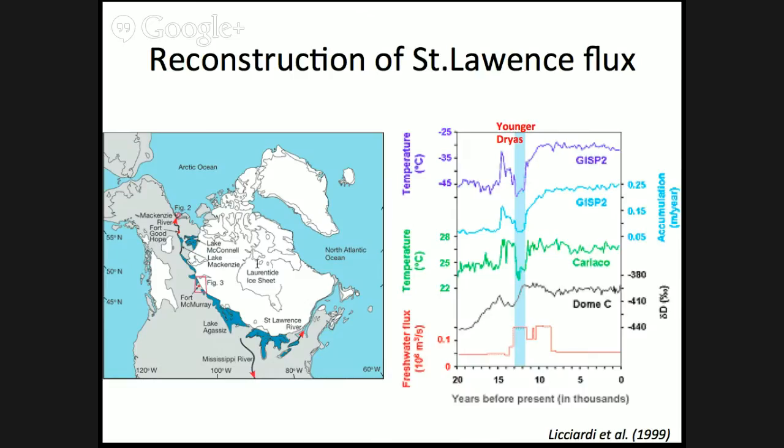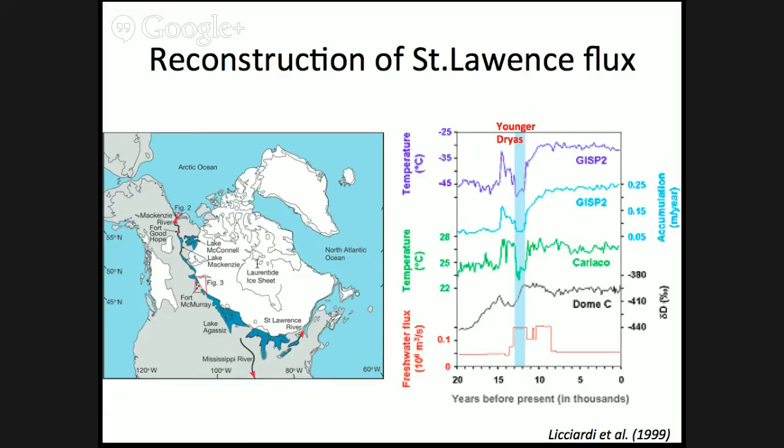But they approximately calculate the area of the North American ice sheet using the data retrieved from the geological records. They calculate the area of the ice sheet and assume that the height is conserved.